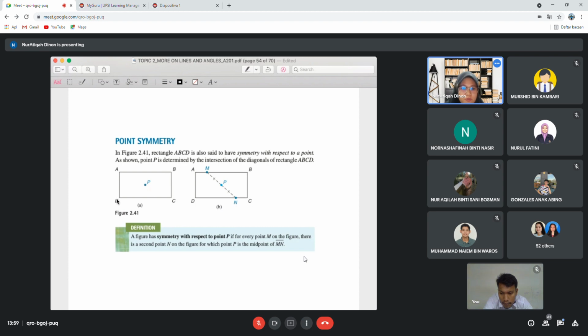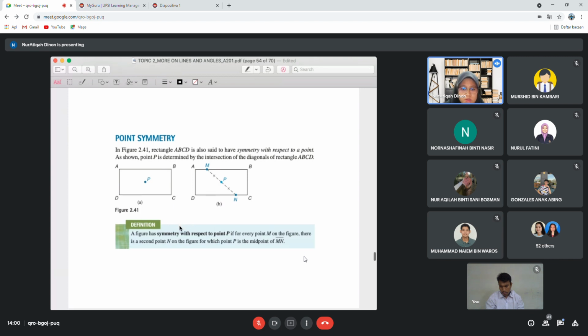If you consider point D, then B is the point symmetric to D. Same goes for M: you can find another point in the opposite direction of point P at the same distance.